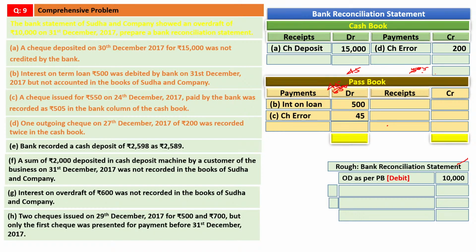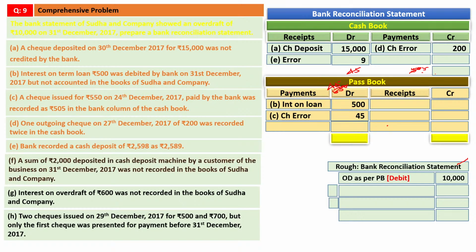This should be in the debit side, but undercasting, so put that in the opposite side, payment side. Undercasting, right? It should be in the opposite side. Okay, there is an error.